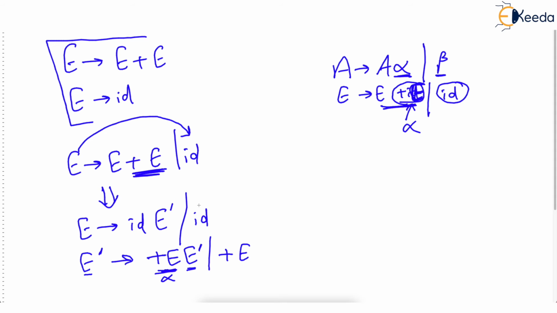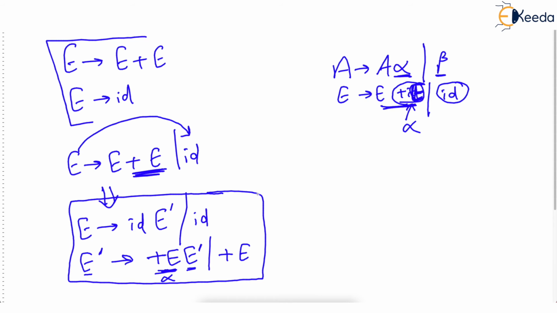And observe very clearly, this particular grammar is in GNF. Because see the right hand side over here. E derives ID E dash or ID. It begins with a terminal followed by a non-terminal, or the right hand side simply contains a terminal.